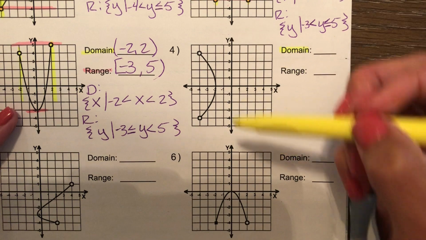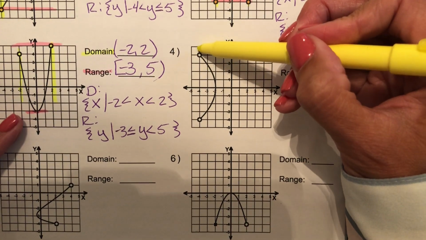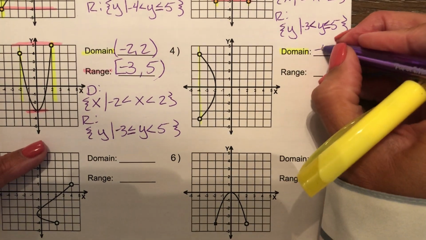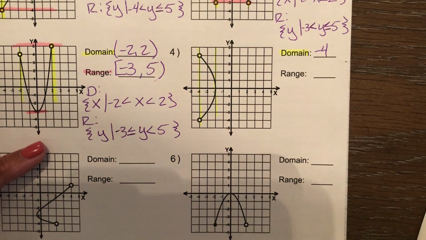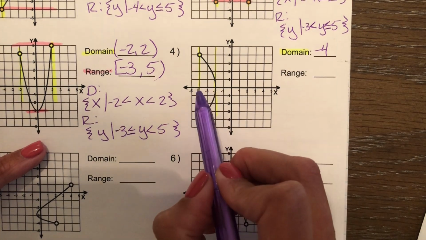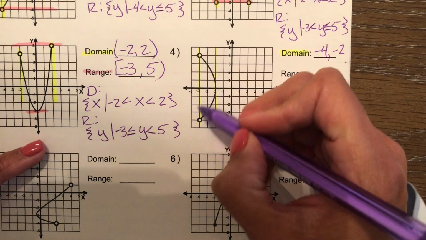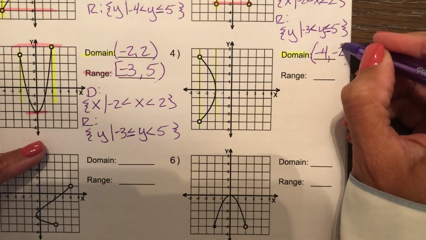Domain, x values. So I'm looking at the x-axis. Furthest to the left is here at -4. Furthest to the right is here at -2. Looking at the x values there. Open, that is considered closed.